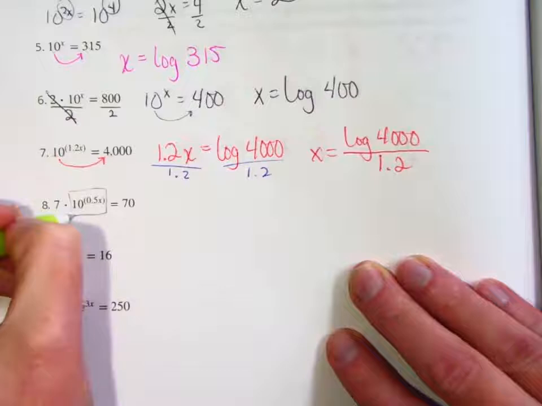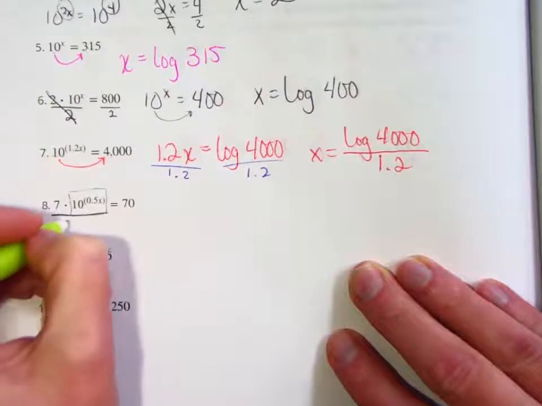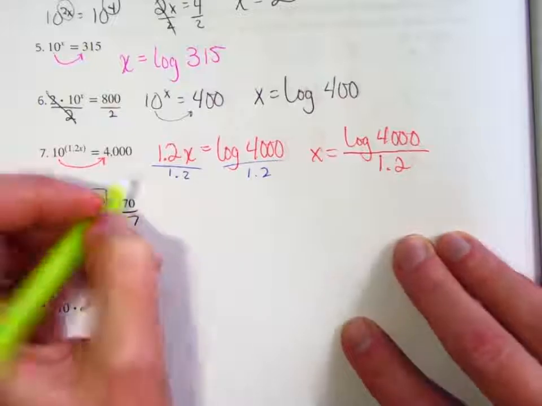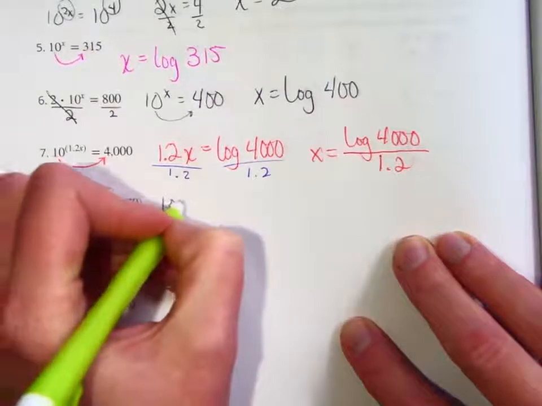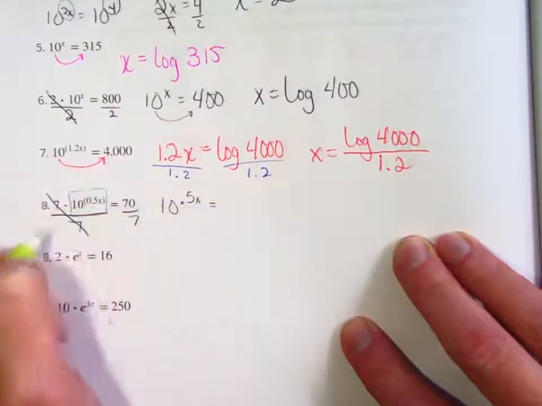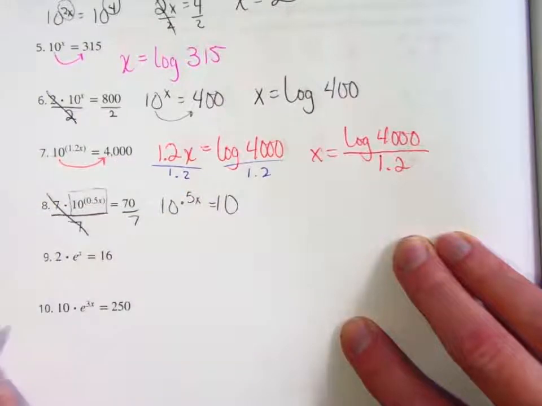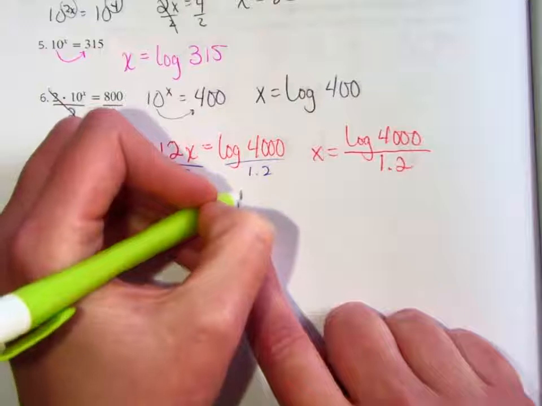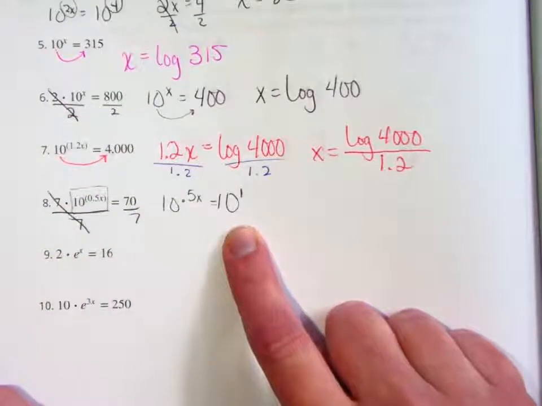Remember, the exponent only applies to the base, so I can divide both sides by 7. That cancels out the 7. If I need it to equal 10, that has to be to the first power.